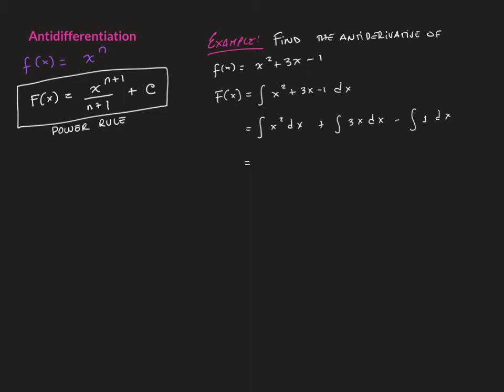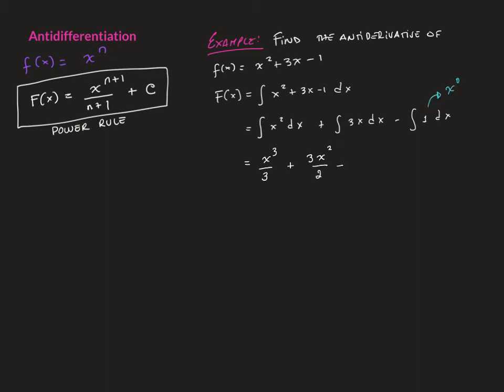Now the antiderivative of x to the power 2 using the power rule is going to be x to the power 3 over 3, plus, now the antiderivative of 3x is going to be 3x to the power 2 over 2. So we're adding 1 to the exponent always and dividing by the new exponent. Minus, and 1 is x to the power of 0.